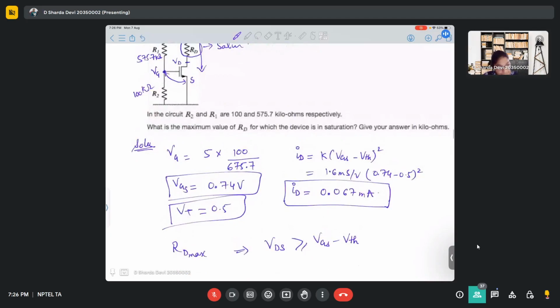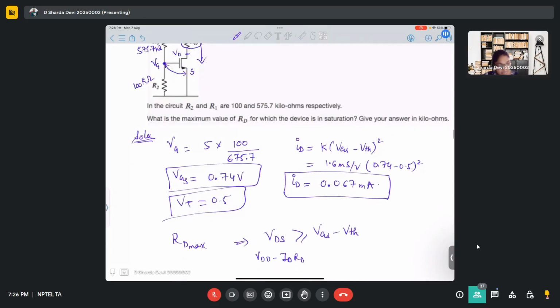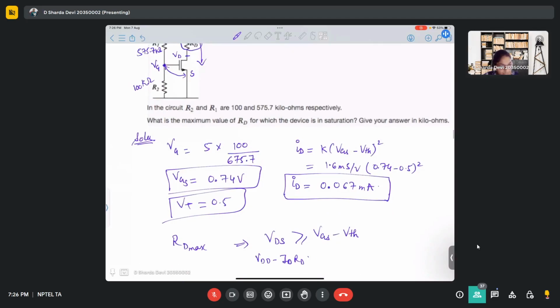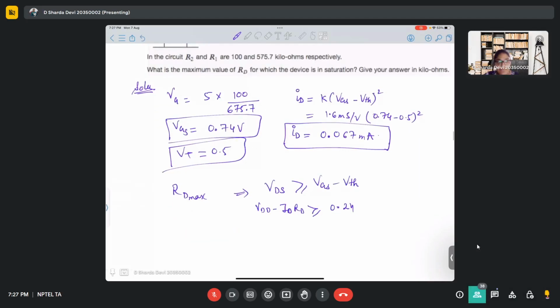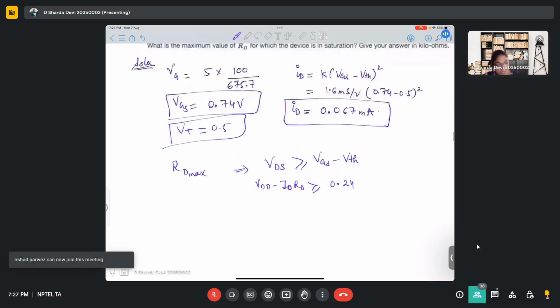So how will you write VDS? It is VDD minus IDRD, right? VDD minus IDRD should be greater than or equal to your overdrive, which was 0.24, right?